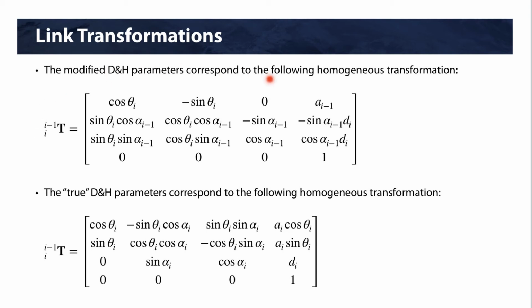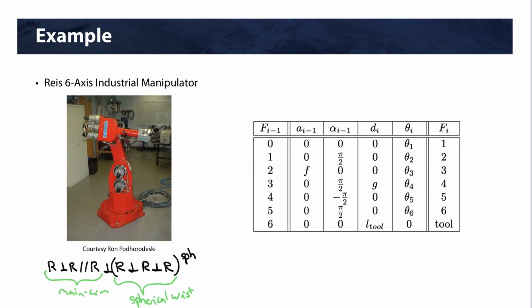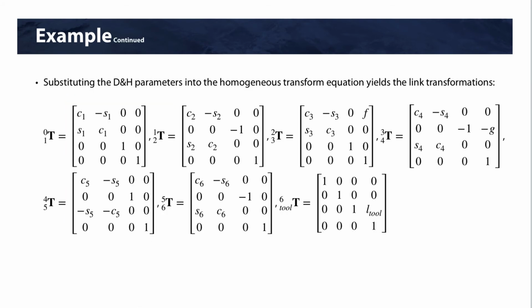We're going to use this equation here, and we're going to get a link transformation for each link. I'm not going to write them all out, but basically substituting those D&H parameters into the homogeneous transform equation yields our link transformations. We're going to have 7 of them: T01 describing frame 1 with respect to frame 0, frame 2 with respect to 1, and so on up to our tool frame. So that's the first step.